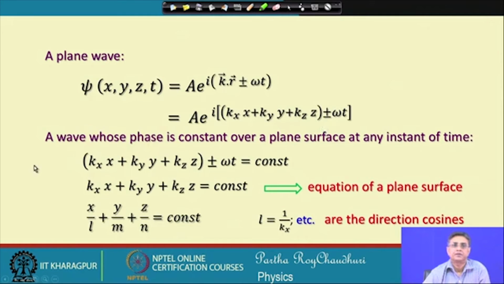Now, if you look at the definition of a plane wave, a wave whose phase is constant over a plane surface at any instant of time is a plane wave.